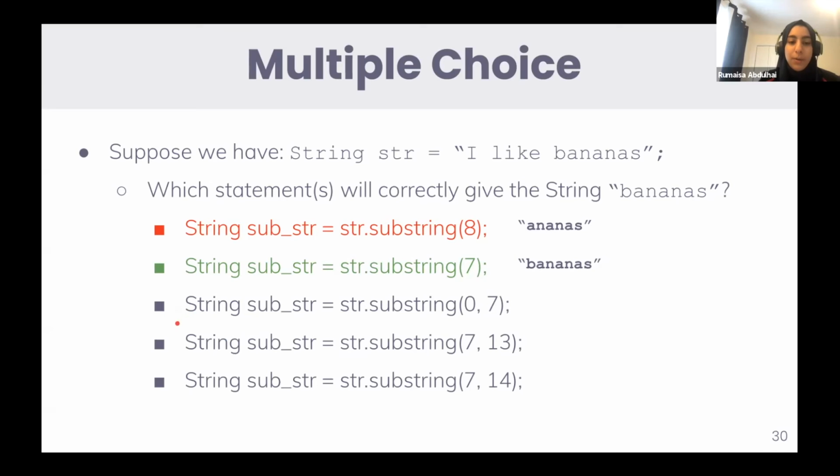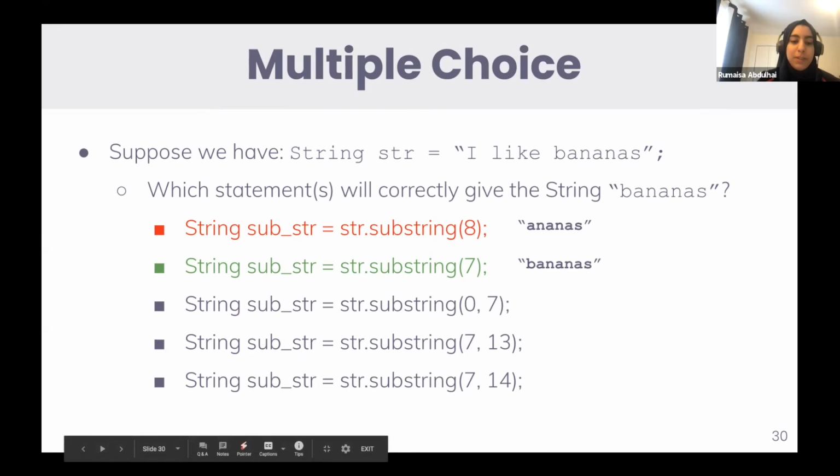What about the third one? So is the third one correct or incorrect? And then what will it output? Yep, Busher is right. So it will return I like. It won't return bananas. So it's starting from 0 and ending at 7.